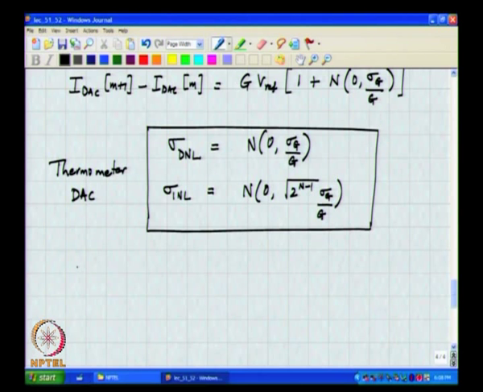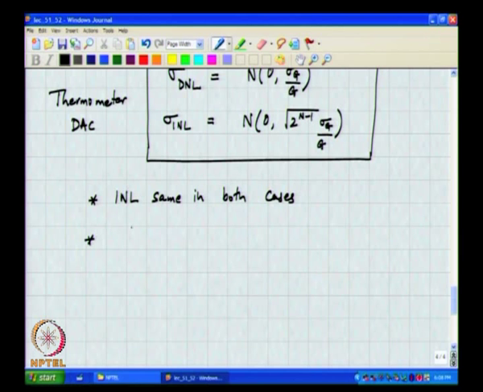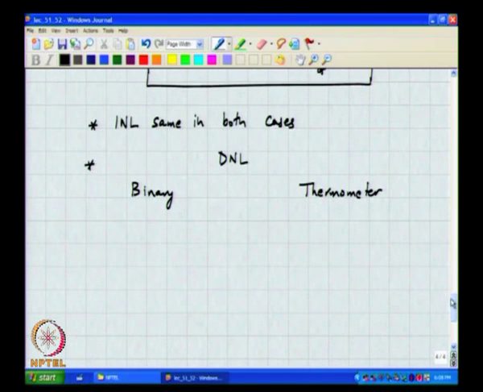We see that INL is the same in both cases, but DNL in the binary and thermometer cases, it is binary case, it is square root of 2 to the n minus 1 times sigma g by g.